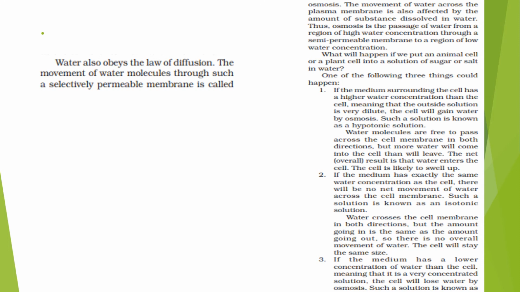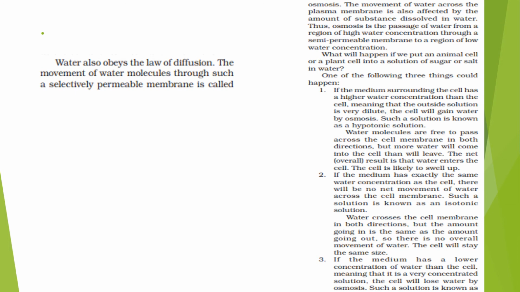The water movement process into the cell we call osmosis. The movement of water across the plasma membrane is also affected by the amount of substance dissolved in water. Thus, osmosis is the passage of water from a higher concentration to a lower concentration area.